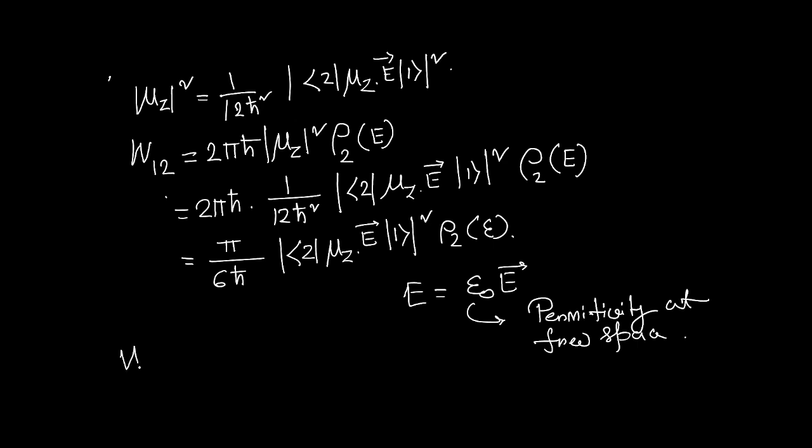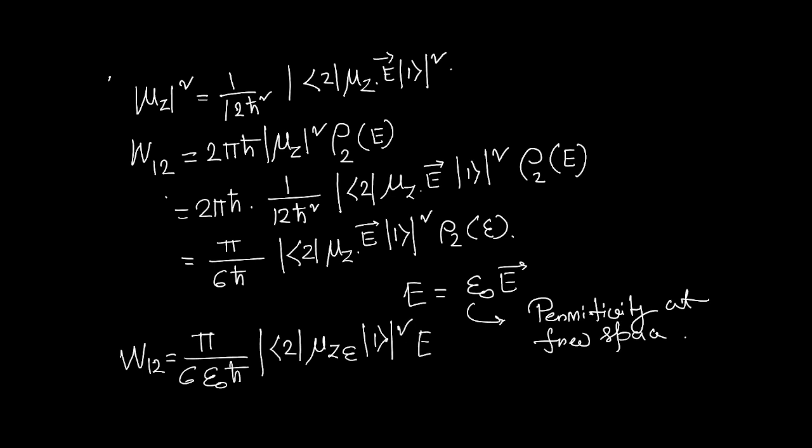So W1 to 2 can be written as pi by 6 epsilon 0 h cut square, 2 mu z into e1 square into e2. See, so the whole equation becomes like that.